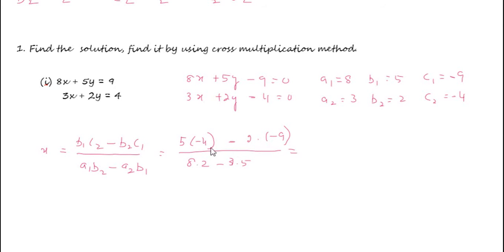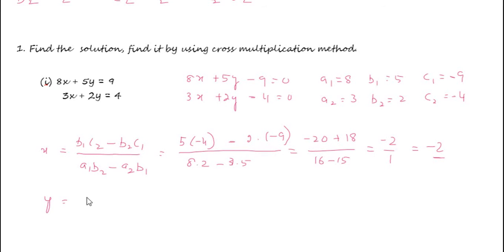So this becomes minus 20 plus 18 divided by 16 minus 15. So this is minus 2 divided by 1. Answer is minus 2.